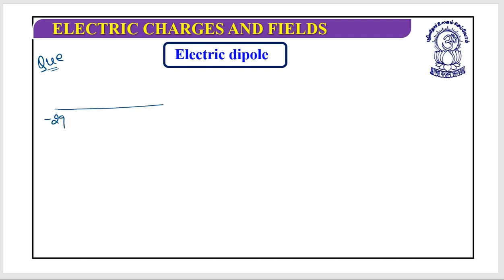Let's say they have given it like this. This is minus 2q, this is plus 3q, and here they have given minus q.